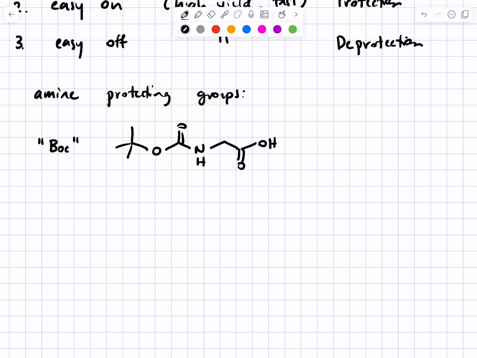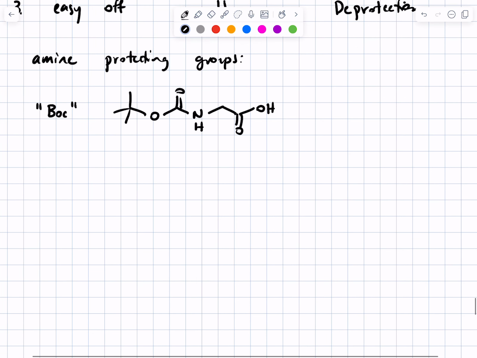This is Boc protected glycine. Sometimes people will not draw out the structure of the protecting group. They will simply write the abbreviation on the protected atom. Of course, you've seen this before in our silyl ether protecting groups. Do you remember the TBDMS groups? Yeah. So we're doing a similar sort of thing here.